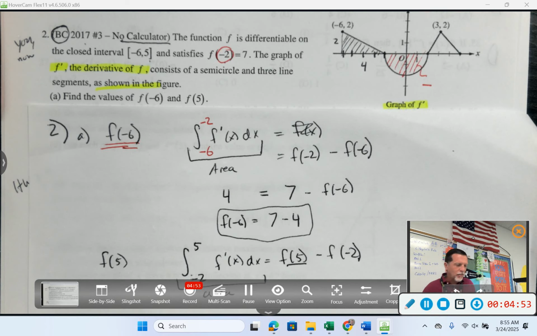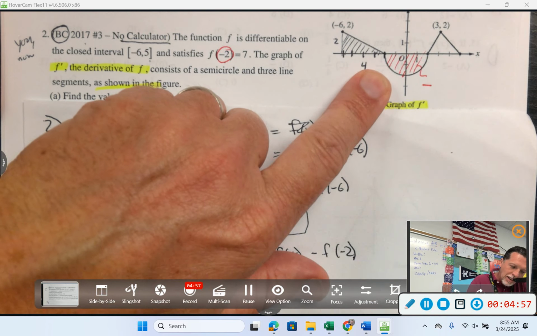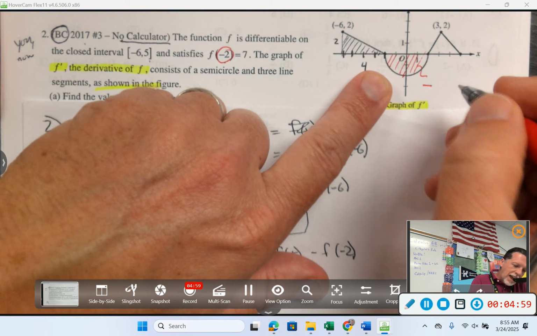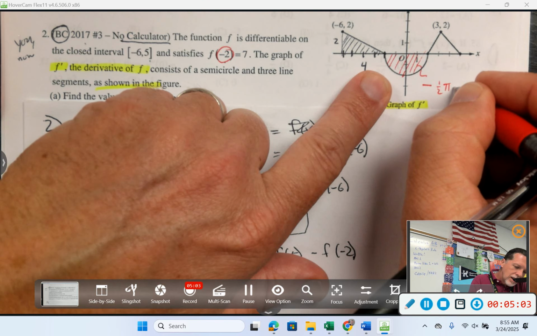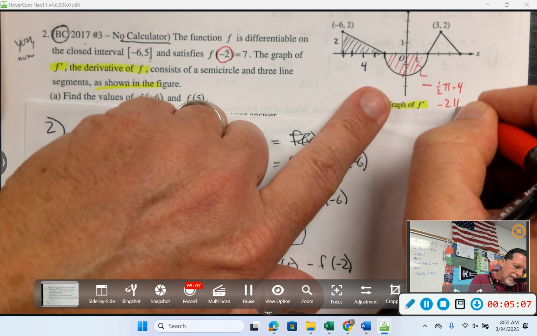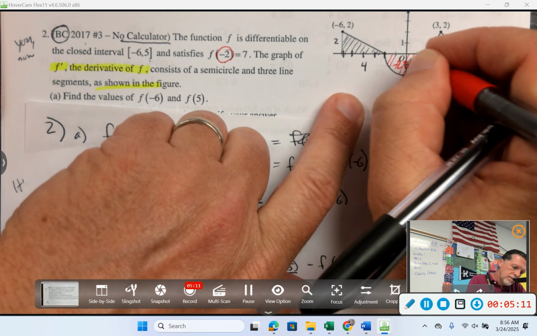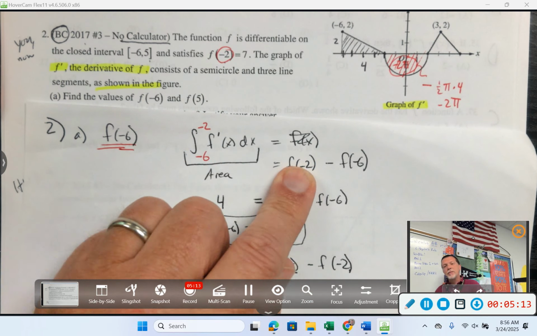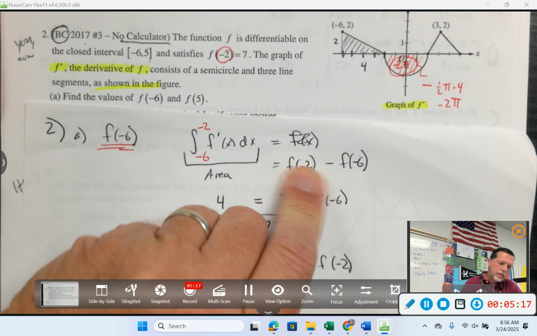So I'm just going to label it negative and not call it area, even though that's what it is. Half of pi r squared times 4, that's negative 2 pi. Again, the area is 2 pi, but it's underneath, so we'll use negative 2 pi.